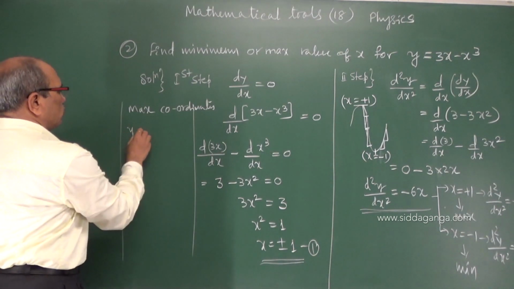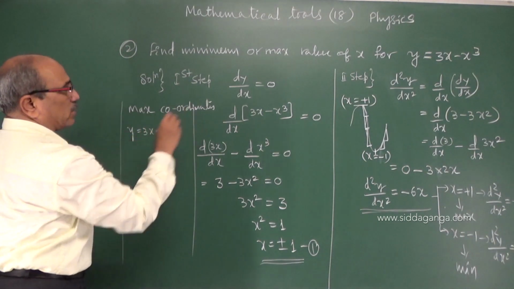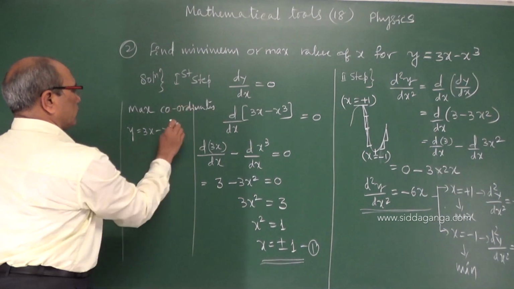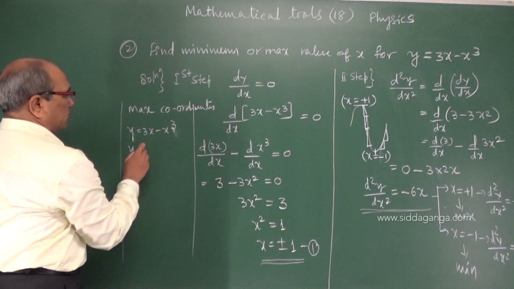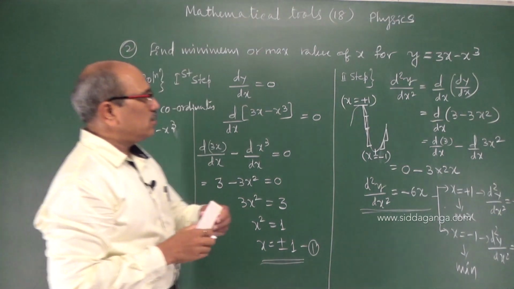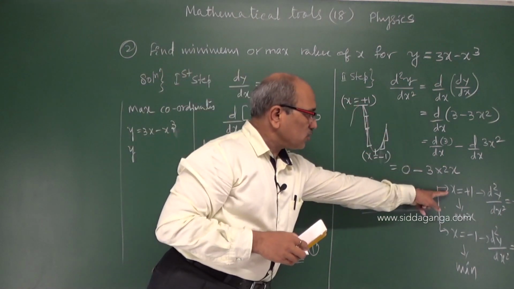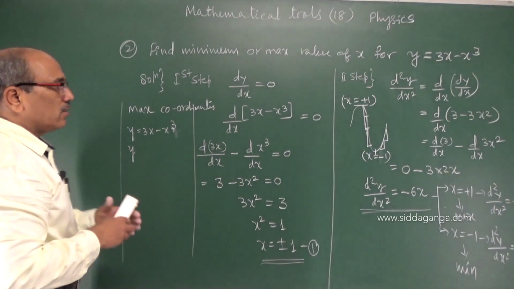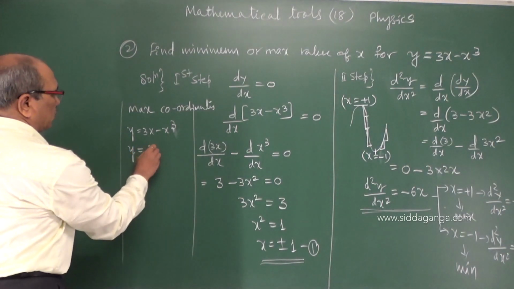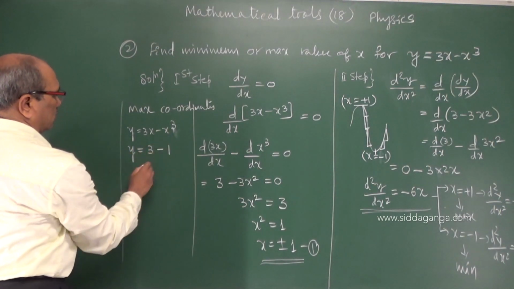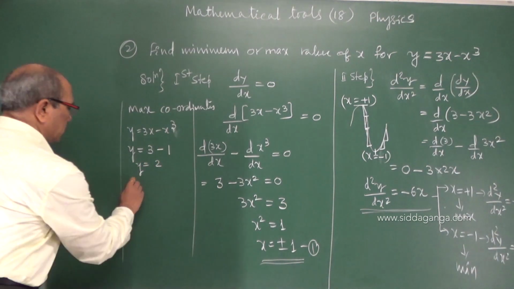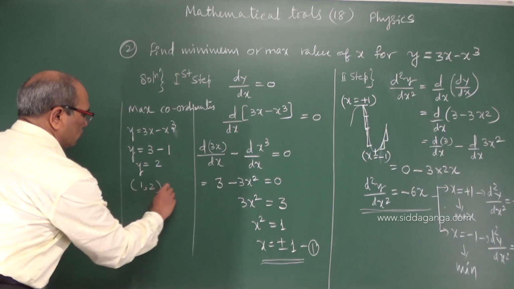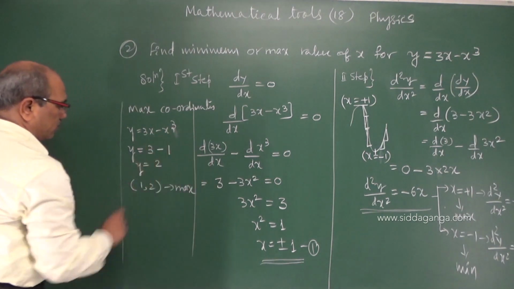y is equal to 3x minus x cube. If I put x equal to plus 1, for maxima we got x is equal to plus 1, it becomes 3 minus 1 is equal to 2, y is equal to 2. That means 1 comma 2 is the maxima coordinate.